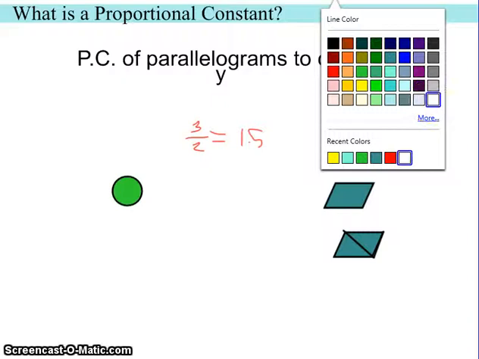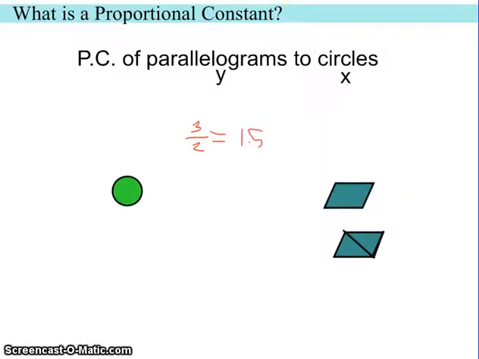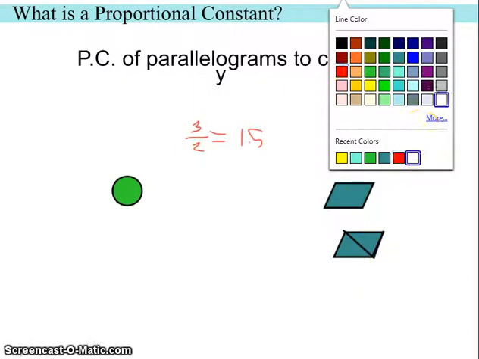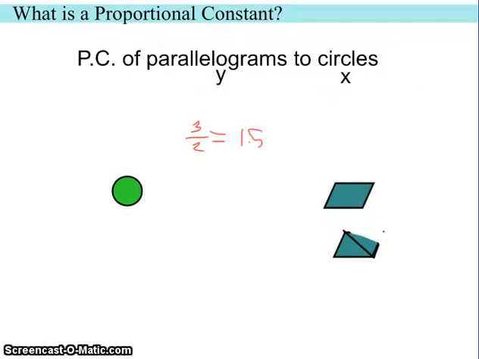We'd only have 1.5 of these parallelogram pieces. So let me just highlight that. Notice that half a parallelogram is a triangle. But there we go. So for every 1 circle, we've got 1.5 parallelograms.